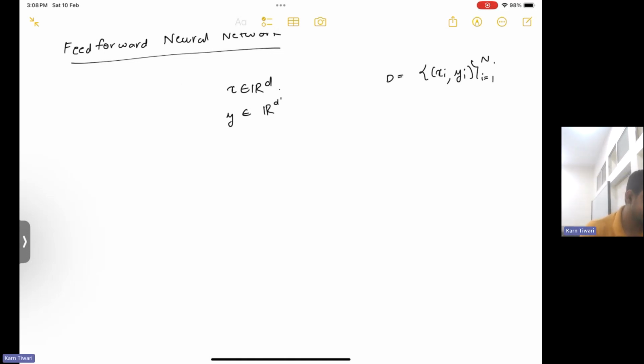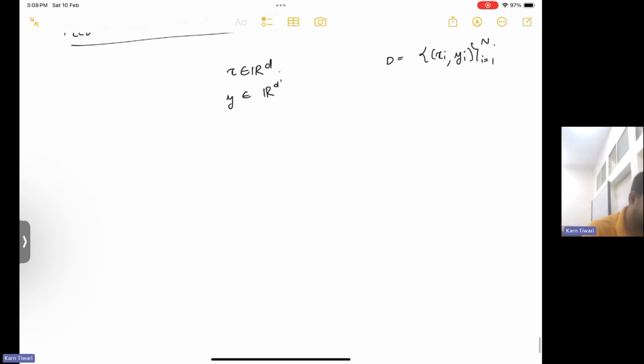So in the normal neural network, how does this feedforward neural network look? A neural network is just a sequence of matrix multiplications and a nonlinearity. What do I mean by that?